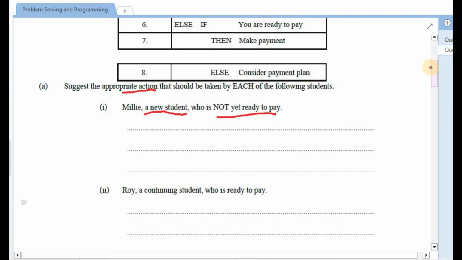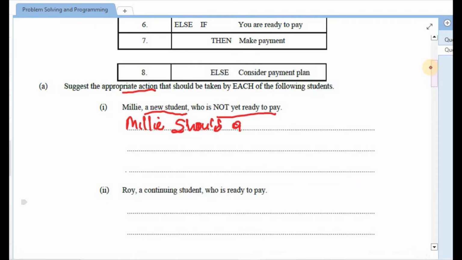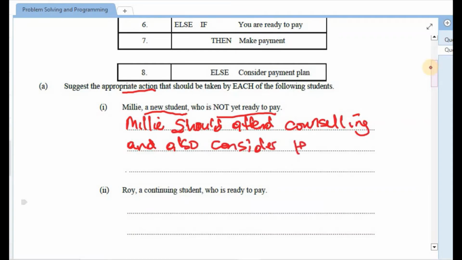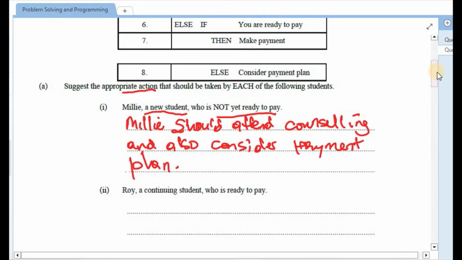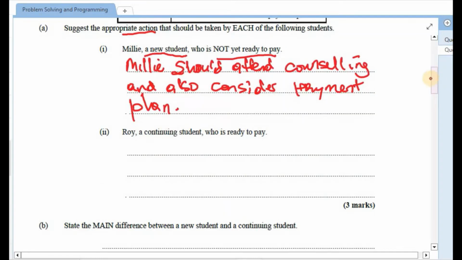So the action is that Millie should attend counseling and also consider a payment plan.